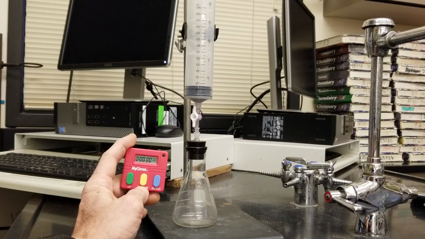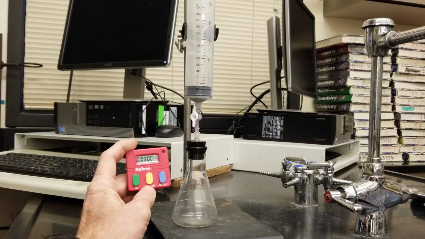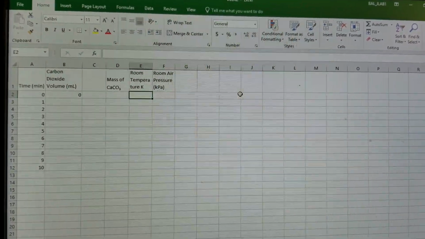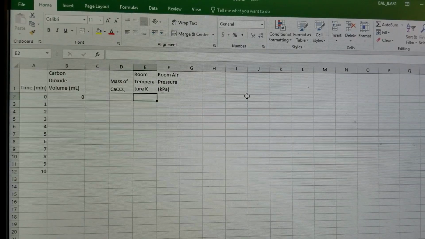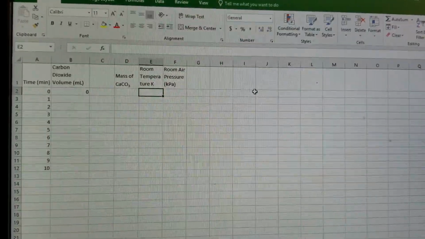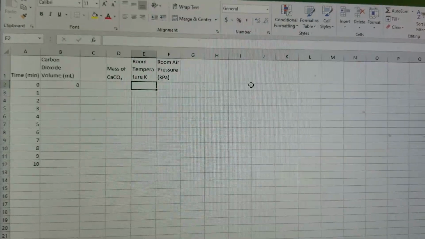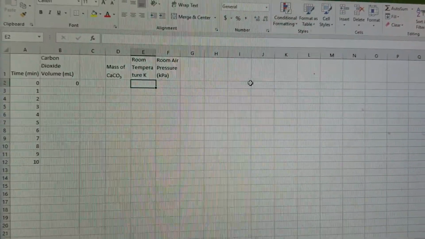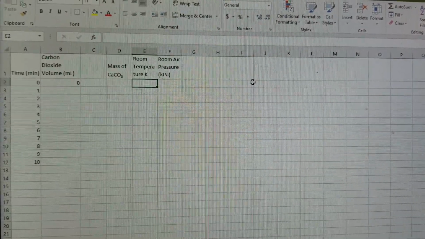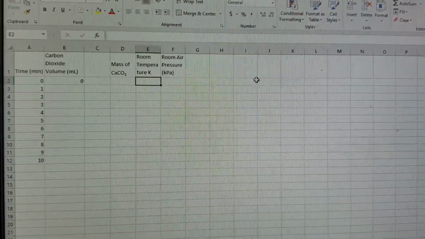And I recommend having a spreadsheet open so you can enter those values and then graph them in real time. Here's an example of the spreadsheet that would be useful for the introductory activity. Notice that my time is in minutes. You're going to be collecting carbon dioxide for 10 minutes. And you also want to have recorded the mass of your calcium carbonate you started with.